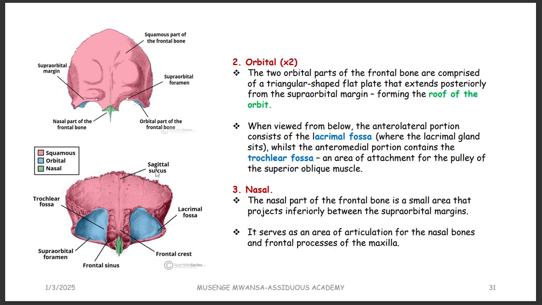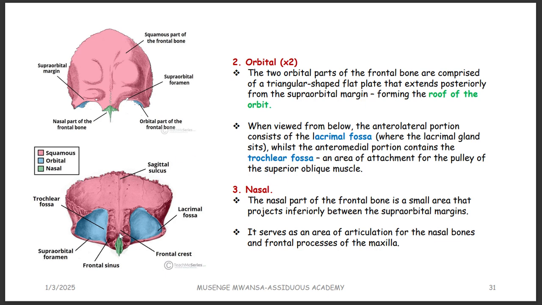You can see the sagittal sulcus. A sulcus is a space, or more like a groove, that is made. This groove here, we are looking at the inside of the frontal bone, not from the outside. This one on top is from the outside, and this one we are looking at from the inside. So this is the sagittal sulcus.